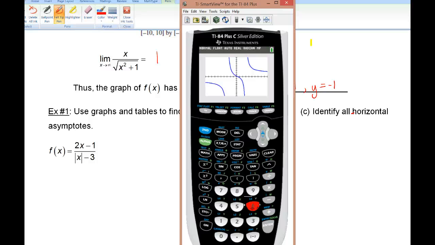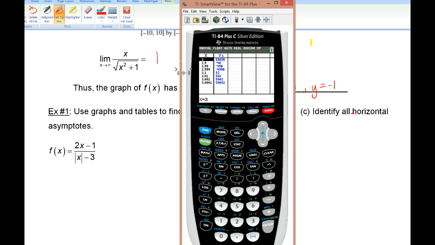Okay, how can we find that? We could trace. We could go to the table. I went to the table and it kept getting closer to 2. Does that apply to what we're doing in the notes?